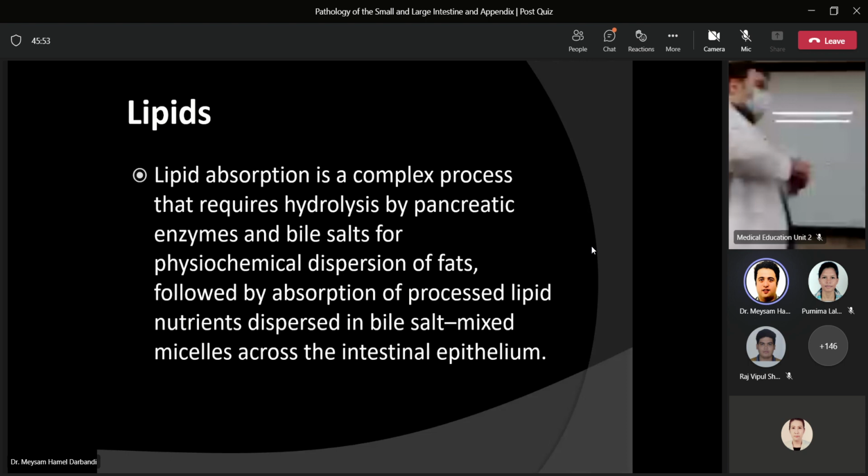Lipase and, tell me, what am I forgetting? Lipase and colipase. Okay, so now they are attacking my triacylglycerol. What will happen to triacylglycerol when it's being attacked?